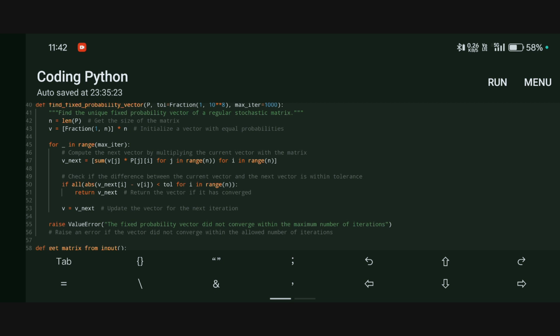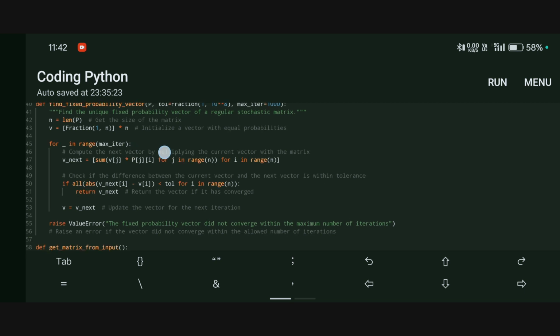For range of maximum iteration, up to 1000, we can create another vector, v next, then compute the next vector by multiplying the current vector with the probability matrix. Then take a sum of it: sum of v of j times matrix P of j comma i for j in range of n, for i in range of n.